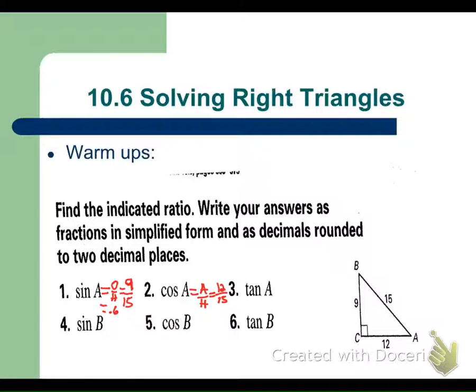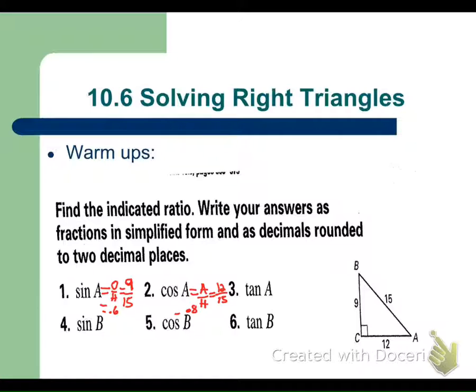Okay, so now when we put that into our calculator, what's 12 divided by 15? You're doing 15 divided by 12, but it's 12 divided by 15. So 3 goes into 12 4 times, and 3 goes into 15 5 times. So you should end up with 0.8. Does that sound right?